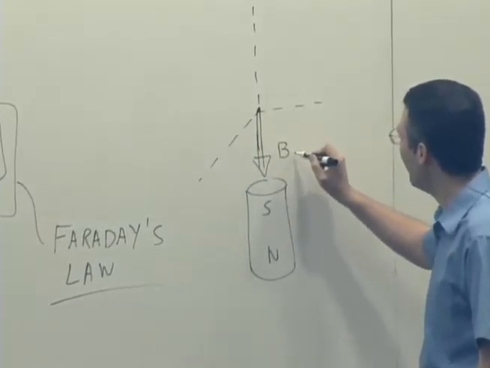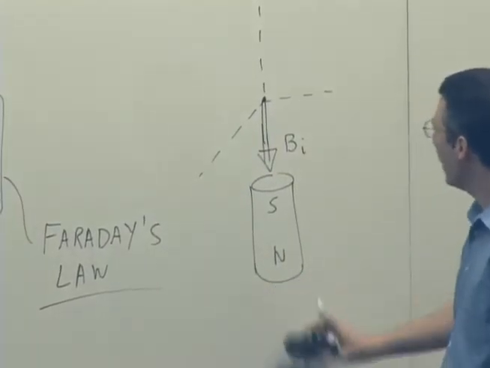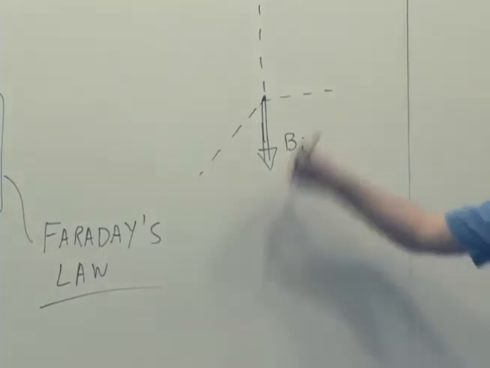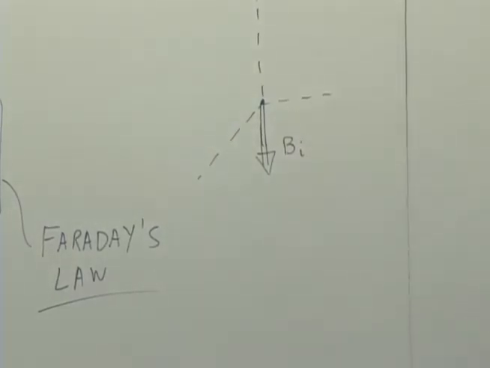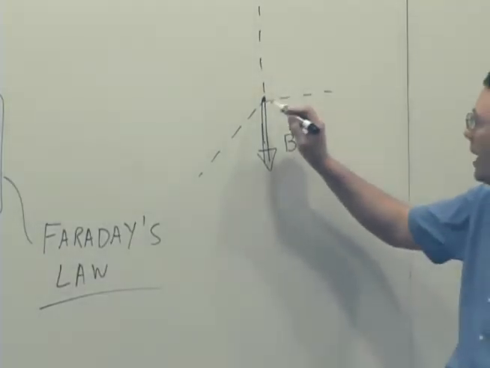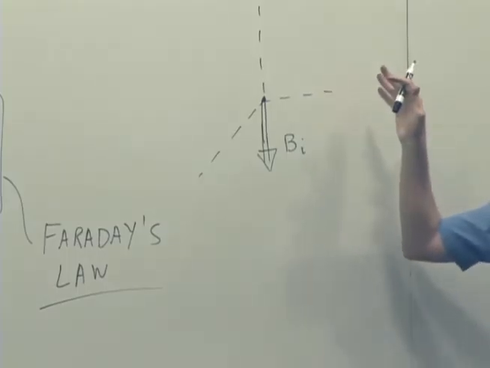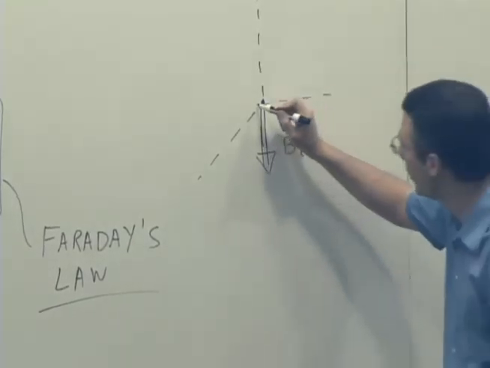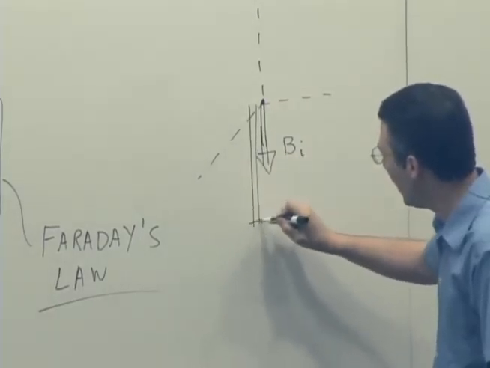So that's B initial. I move the bar magnet closer. What happens to the magnetic field? It gets larger. So B final is pointing down, but I should draw the vector bigger. There's B final.